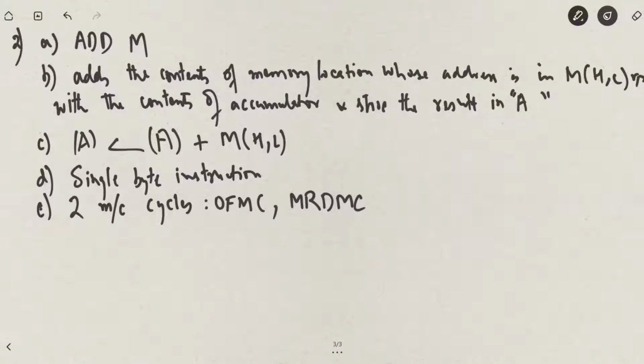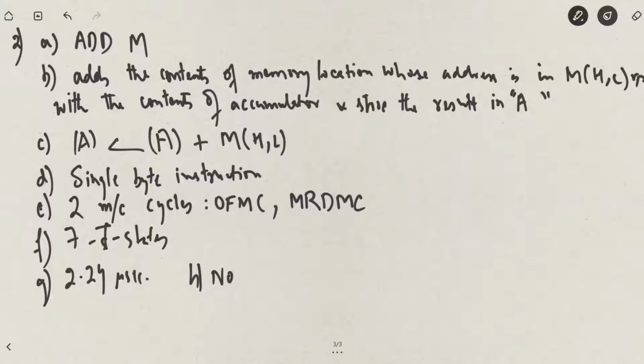So you have 2 machine cycles for that reason. 2 machine cycles means 7 T states. 7 T states means 2.24 microseconds of time consumed.